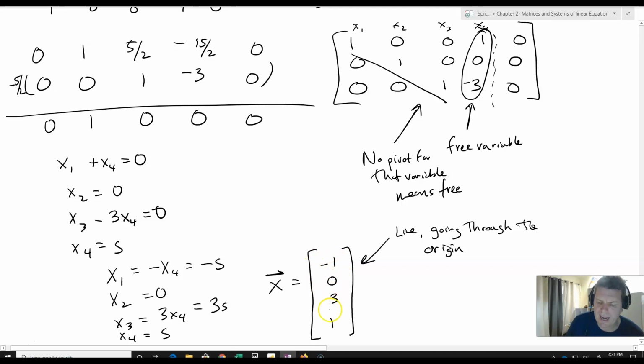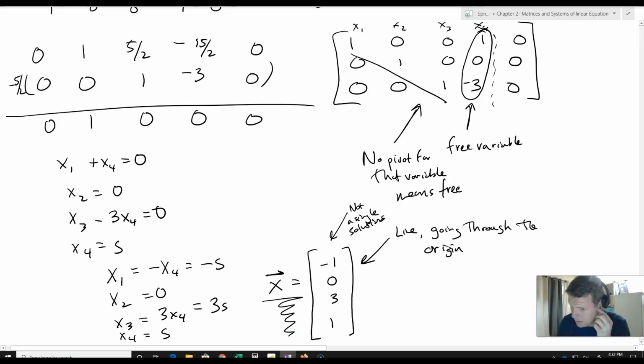Anything that happens to be on this line is a solution to this system. So there's an infinite number of solutions, anything on that line. This is not a single solution. It is a line of solutions, or a vector of solutions, right? And how we know that is because we have a free variable. A single free variable means that we should expect only one vector as our solution.